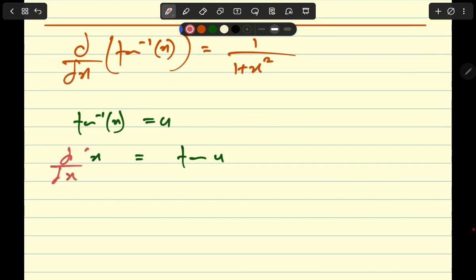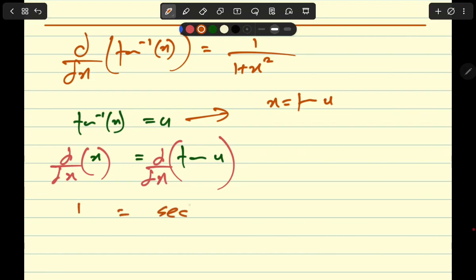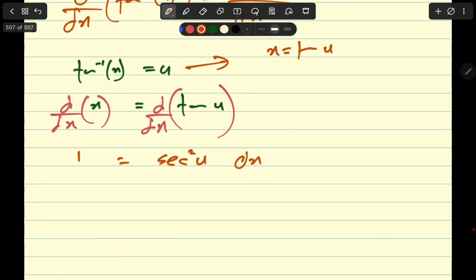Let me put it here. So d upon dx of them both. And don't forget that u was tan⁻¹ of x, or x = tan u. Now this is 1, this is sec² u, and because we are differentiating u with respect to x, we are going to put du/dx here as well. Now this becomes 1 upon sec² of u, and sec² of u is 1 + tan² of u.